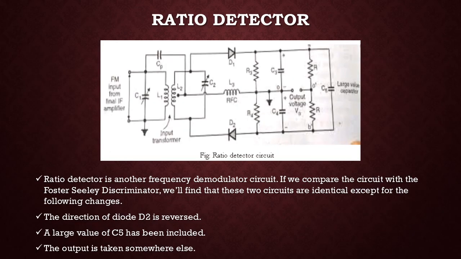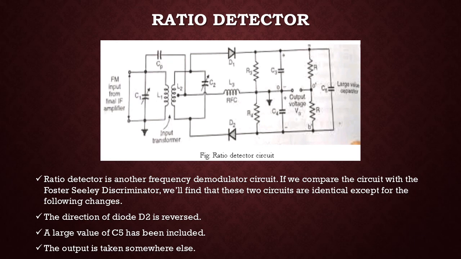Now, the basic concept of the ratio detector and its circuit. The ratio detector is another frequency demodulator circuit. If we compare this circuit with the Foster-Seeley discriminator, we will find that these two circuits are identical except for the following changes.